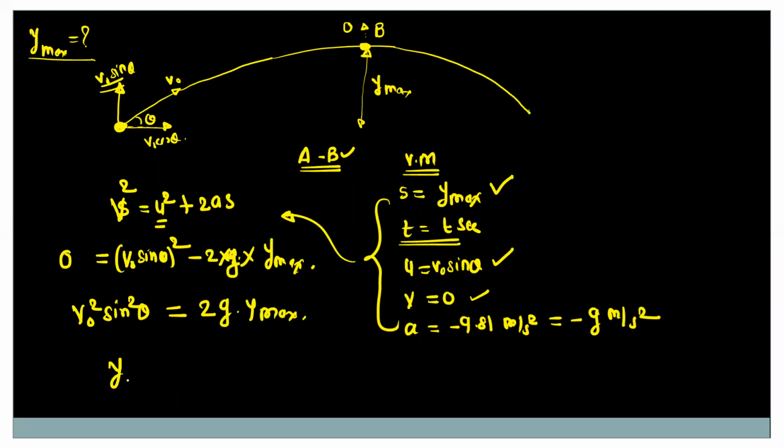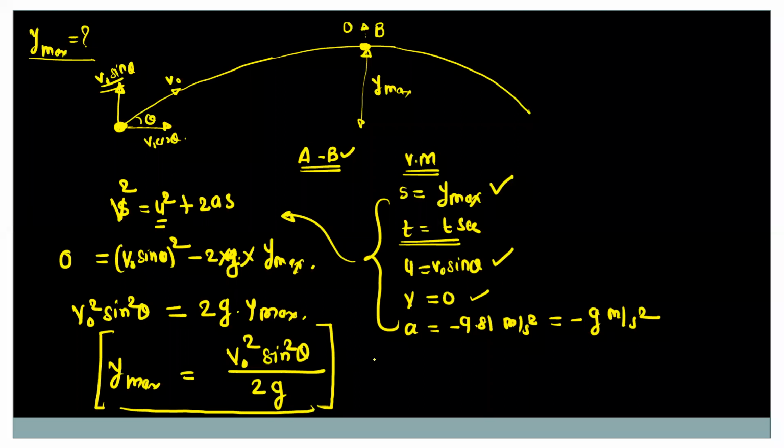So y max is equal to v naught square sine square theta upon 2g. This is the equation for the maximum displacement in the y direction. So if you know the initial velocity of projection, that is v naught, and if the angle of projection is given, then we can find out the maximum displacement by using this formula.